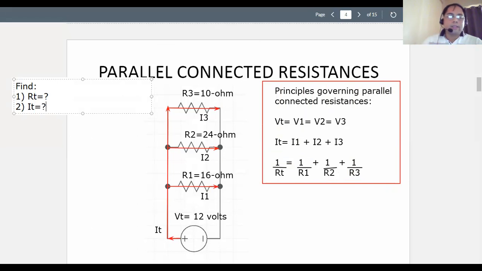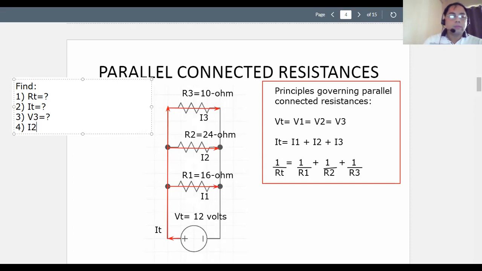And naturally, our next value, maybe we will try to find our V sub 3. And the last value to find is I sub 2. So we have at least 4 values to find here.